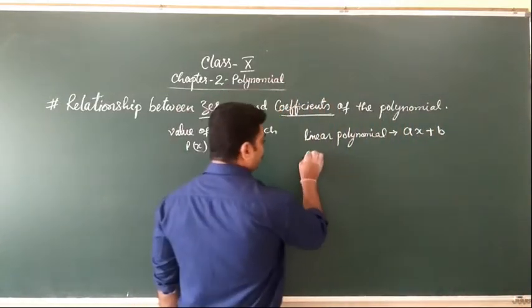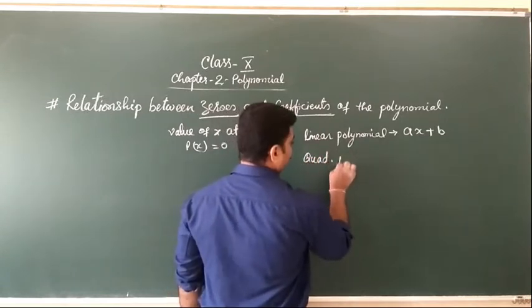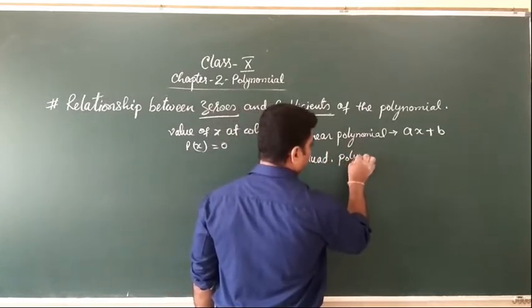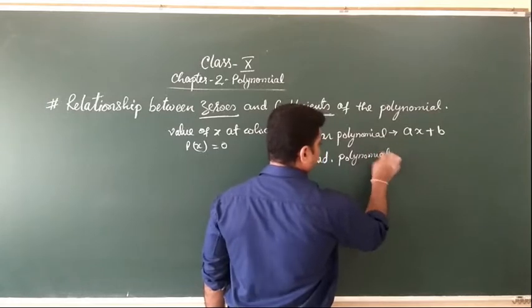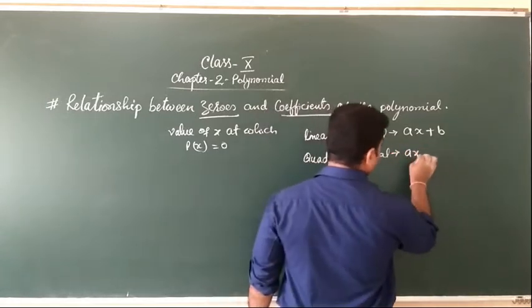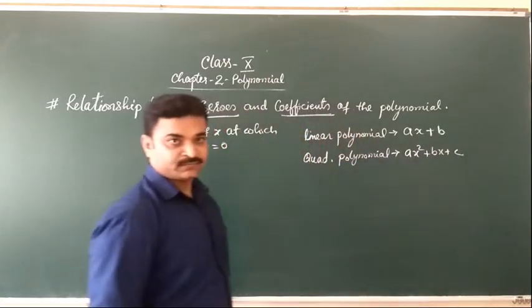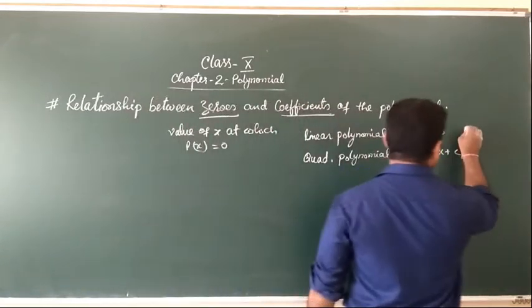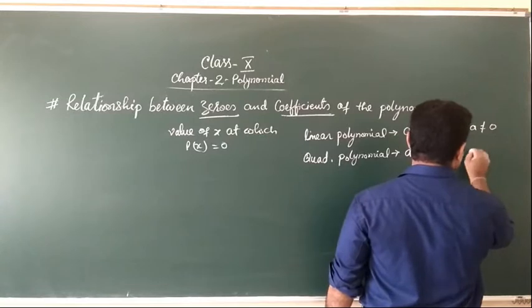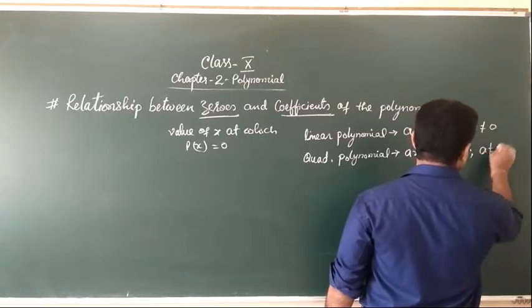And a quadratic polynomial is ax square plus bx plus c, where a is not equal to 0.